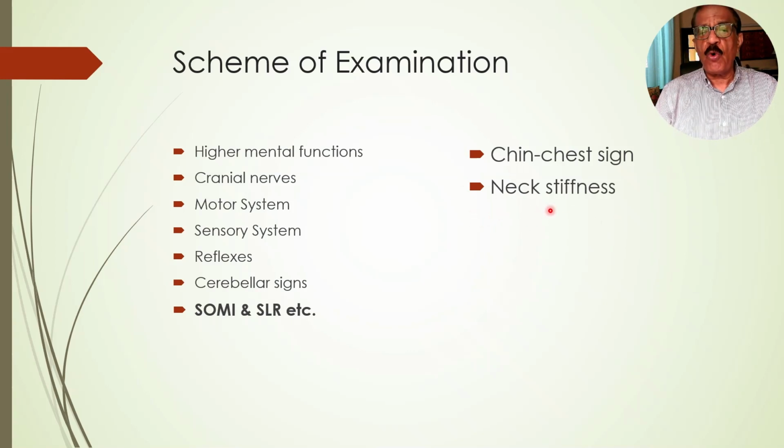Of course, you have to lift the patient's head, so there would be some weight, but you would appreciate that there is no actual resistance posed by the neck muscles. You also make lateral movements. In a typical case, the lateral movement should be okay, but only neck flexion faces resistance. That would be a sign of meningeal irritation.